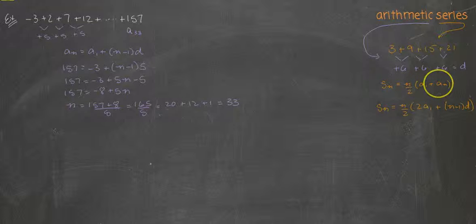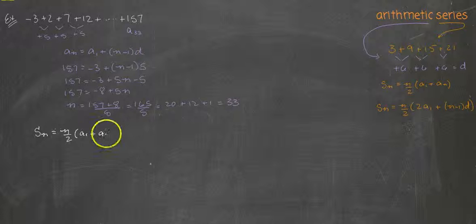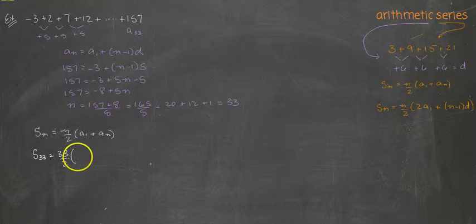Now I can use my formula. I have S sub n, the sum of the first n terms, equals n over 2 times the first term plus the last term. And from here on out, the whole thing is pluggy-chuggy. The sum of the first 33 terms is 33 divided by 2 times the first term, -3, plus the last term, 157.